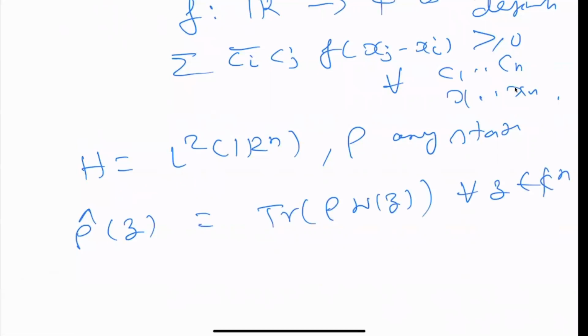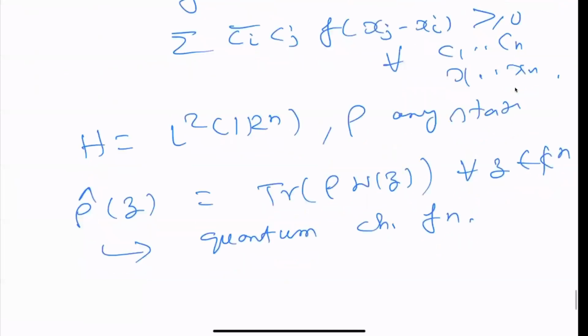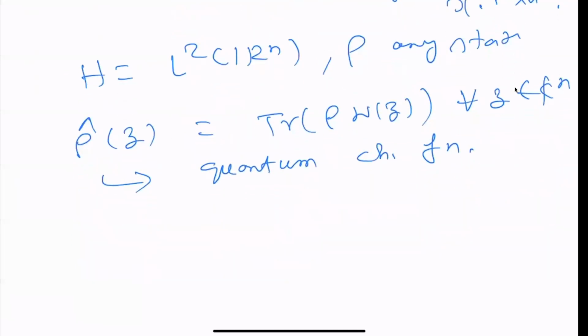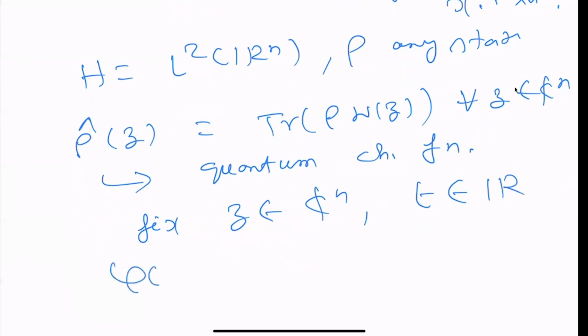This is what is called the quantum characteristic function. Okay, this rho hat is called, why is it called a quantum characteristic function? Because if you fix Z in Cn and T in R, then you define phi of T equal to rho hat of Tz.